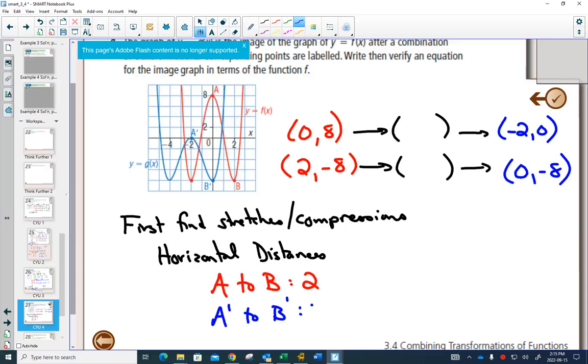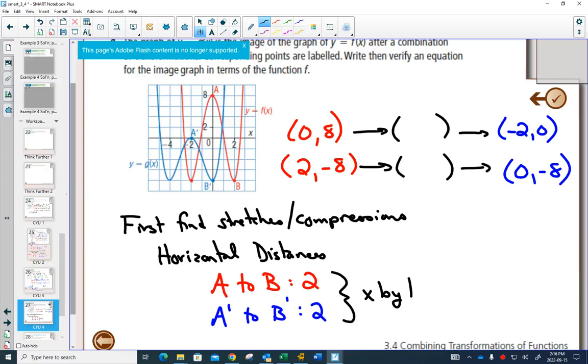Its distance is also 2. What did you have to multiply 2 by to get to 2? The only thing you could do is multiply by 1. So your x values haven't changed. And that probably makes sense that this isn't going to change. I could see the pattern of going down by 2 because nothing changed horizontally.